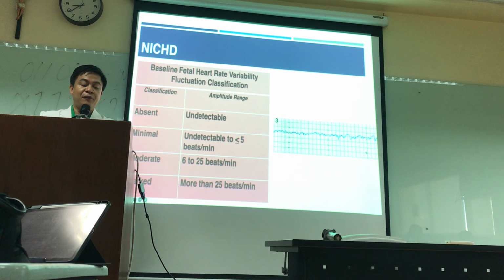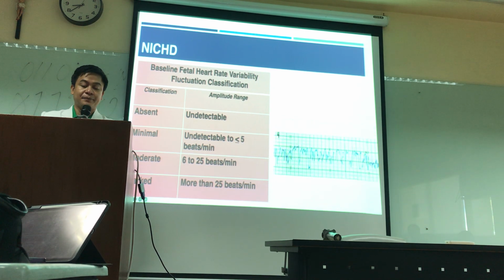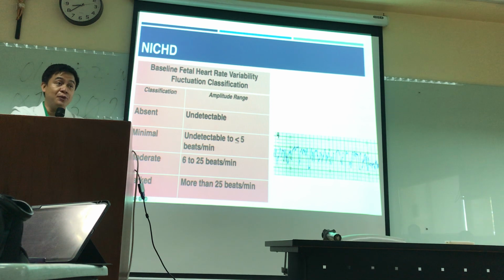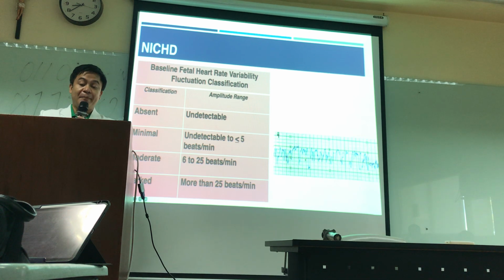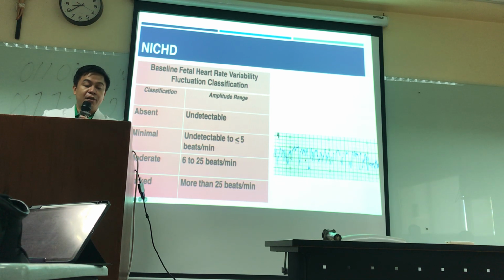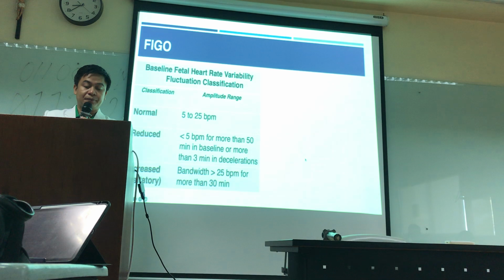Okay? But for marked variability, ayan, so this is not good as well, no? Yung marked variability. So you can see here that it's more than 25 beats per minute. Yung minute-to-minute fluctuations ng baseline fetal heart rate. Okay? So for your FIGO, you have 3 classifications.